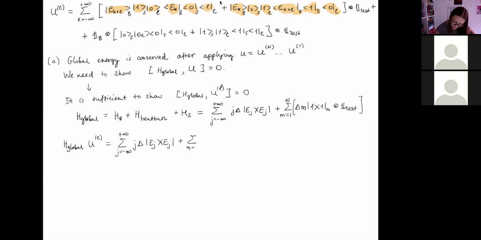We have here the sum from m equal 1 to N, delta |1><1|_m, the rest. And this we have to multiply by this monster, which is already on the top of the page.